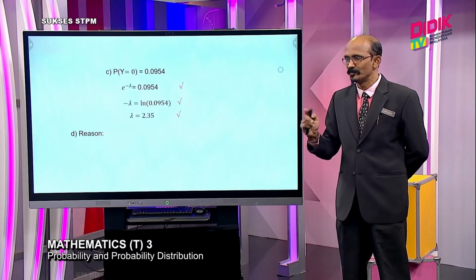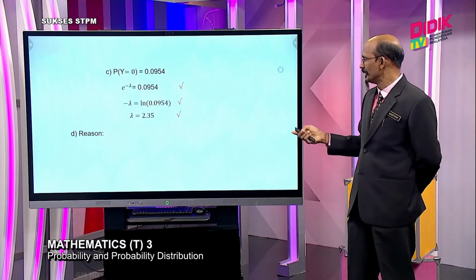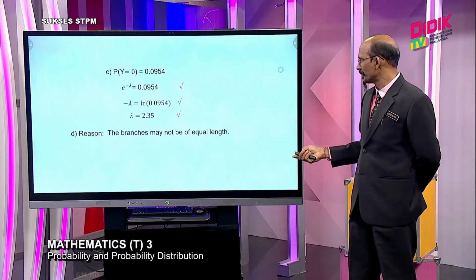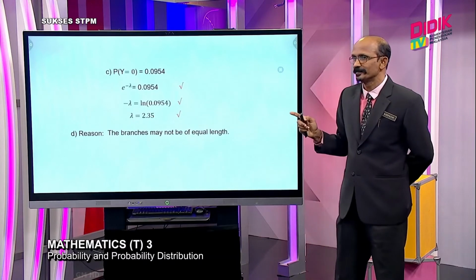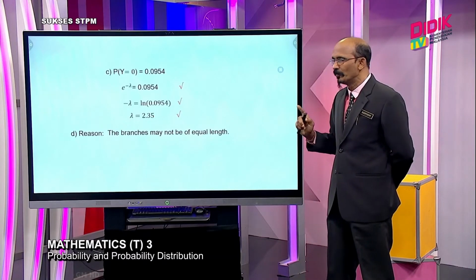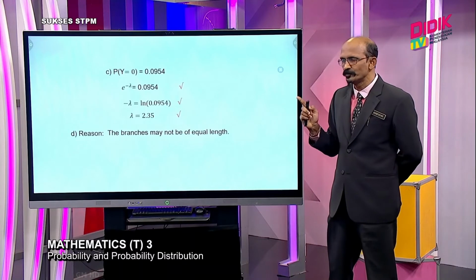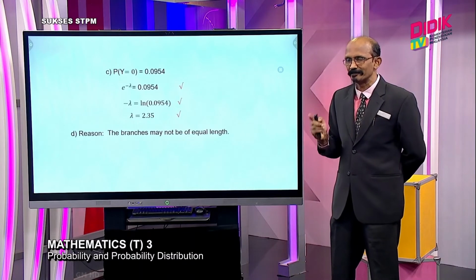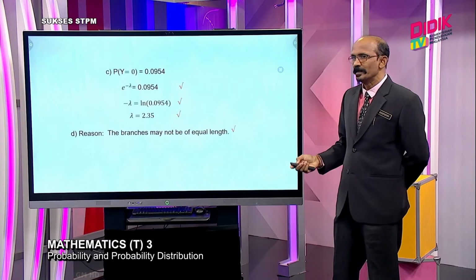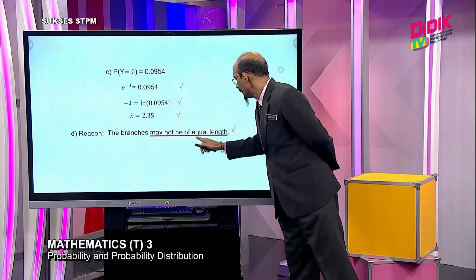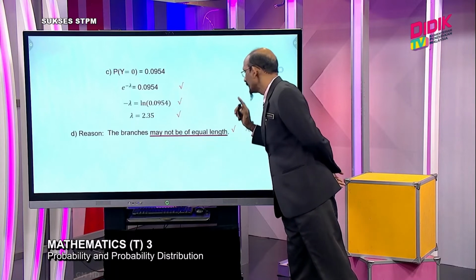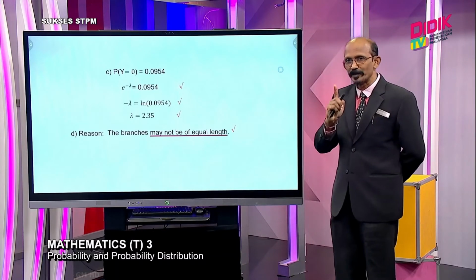For Poisson, everything must be equal in length, but in guava trees the branches won't be equal in length. So if you write that the branches are not equal in length, you will get 1 mark.